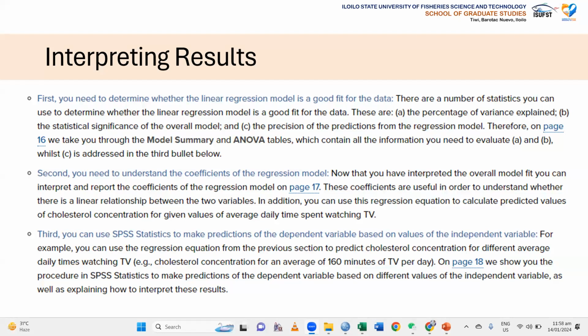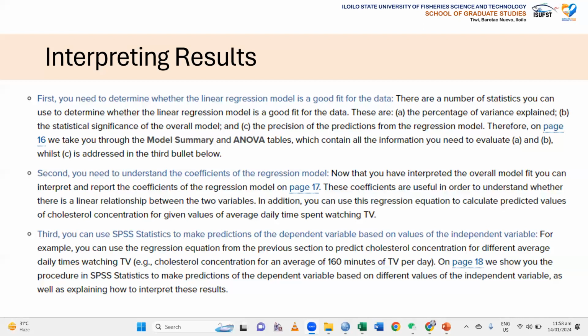Second, you need to understand the coefficients of the regression model. Now that you have interpreted the overall model fit, you can interpret and report the coefficients of the regression model on page 17. These coefficients are useful in order to understand whether there is a linear relationship between the two variables. In addition, you can use this regression equation to calculate predicted values of cholesterol concentration of given values of average daily time spent watching TV.